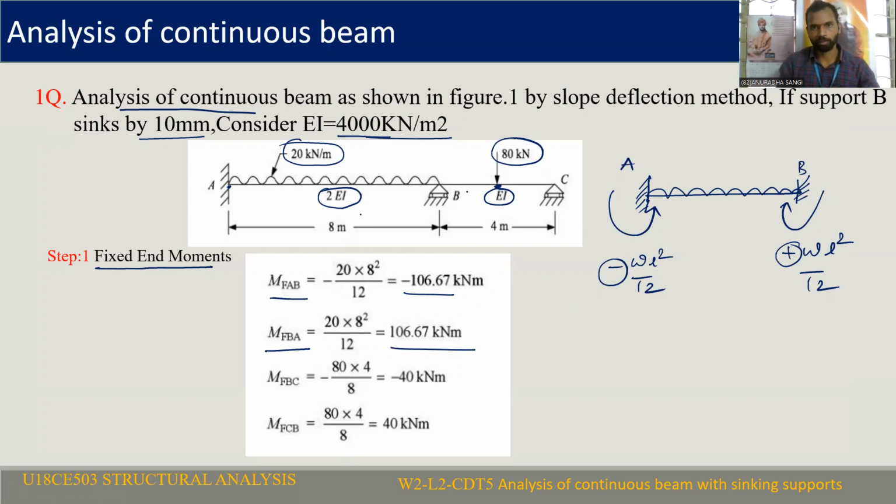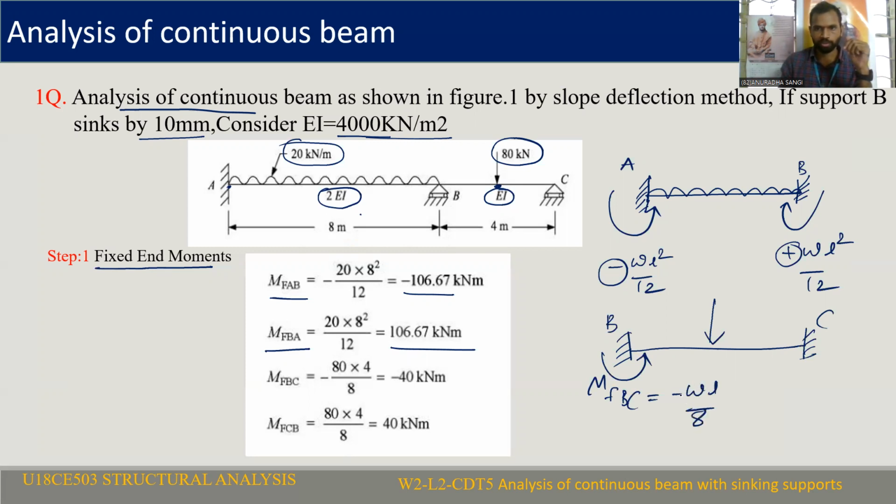Coming to the BC span, it is subjected to a point load at the center. This is a symmetric point load at the center, a concentrated load. It is also symmetrical about the vertical axis. Then MFBC will be minus WL by 8, which is producing anti-clockwise effect, and MFCB is equal to plus WL by 8, which is producing clockwise effect.